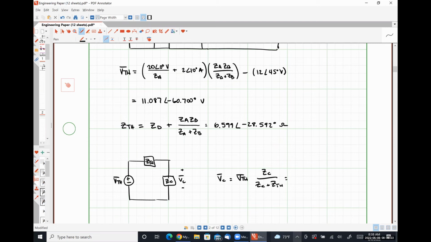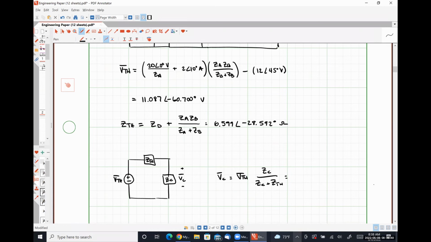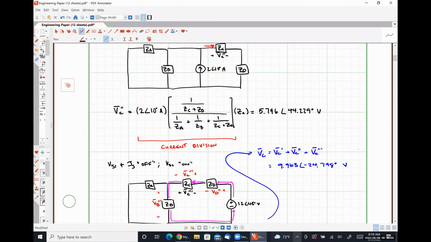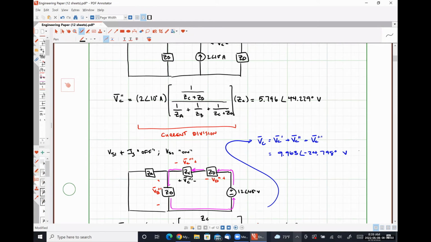And so to me, that's going to look like X times C over C plus Y, and I get 9.963 with an angle of negative 24.798 degrees volts. And I'm just going to scroll up here. And what do you know? I got the exact same result.